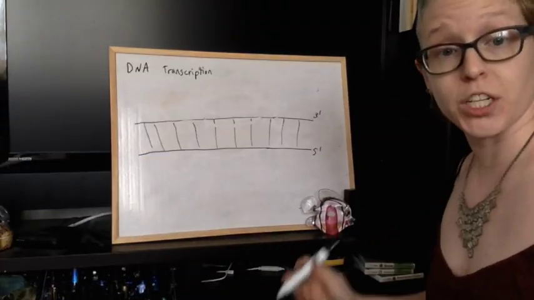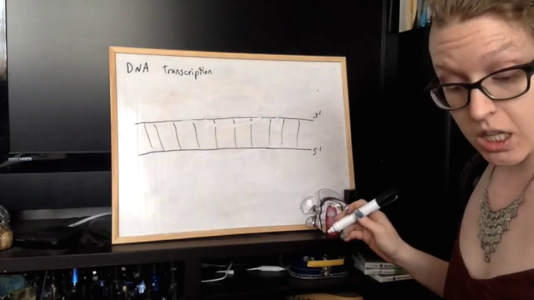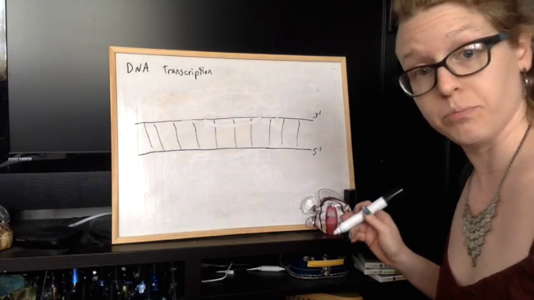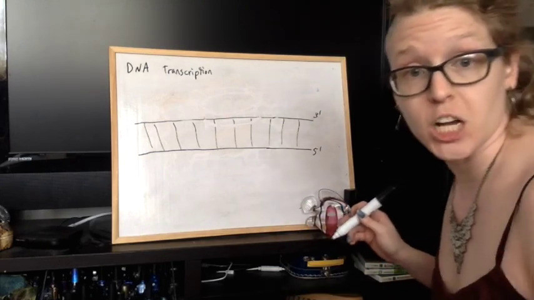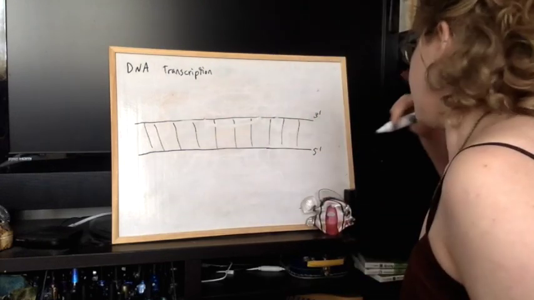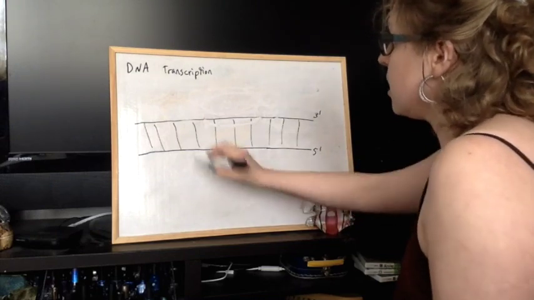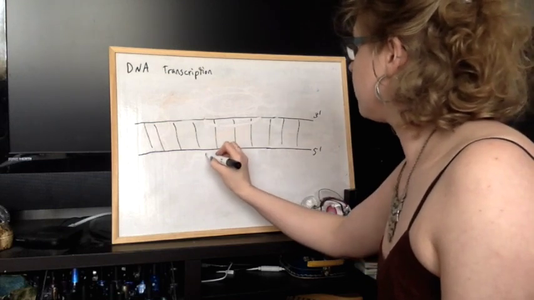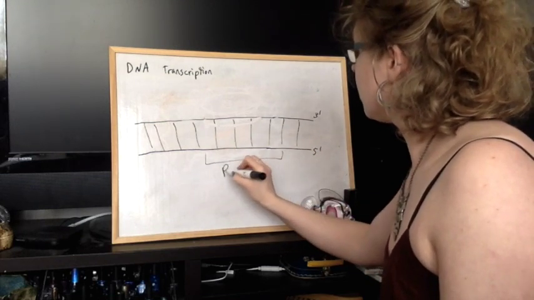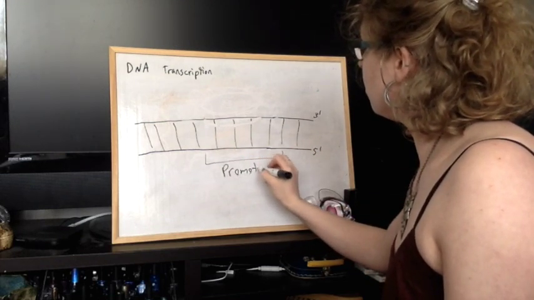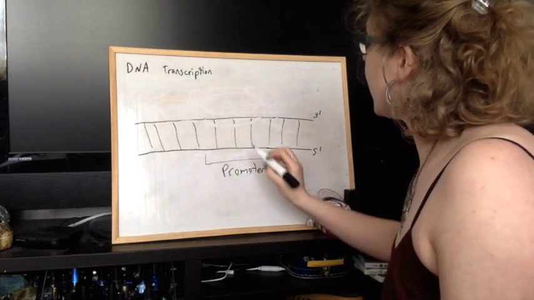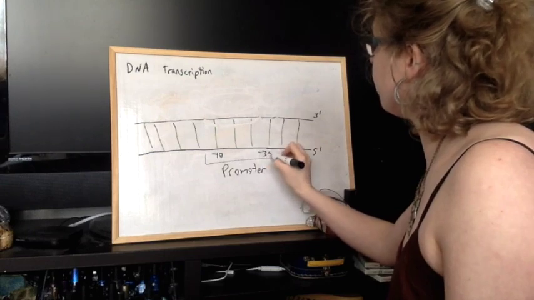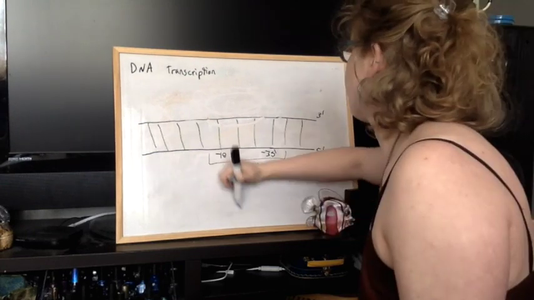For transcription, y'all wanted the initiation and the termination, but you seem to be clear about the middle. That's great. Let's talk about the beginning and the end. For initiation, the big important part is the promoter, which has 2 important aspects, the -10 and -35 regions.